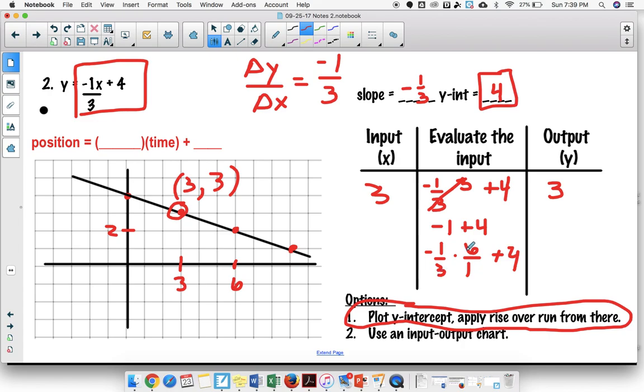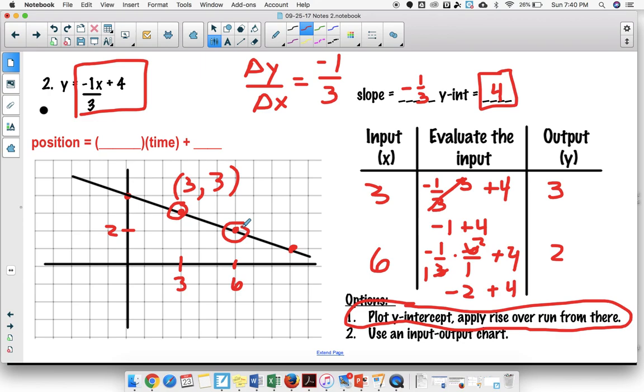So 6 divided by 3, that reduces to 2 and 1. So we get negative 1 times 2 is negative 2. Divided by 1 is still negative 2 plus 4. So an input of 6 is going to give us an output of negative 2 plus 4 is 2. Well, look at this point right here. It's exactly the same thing.